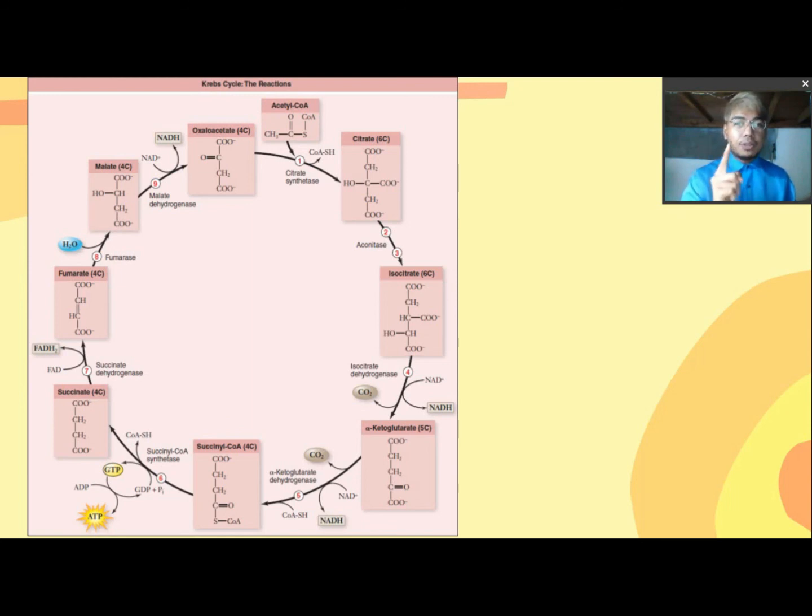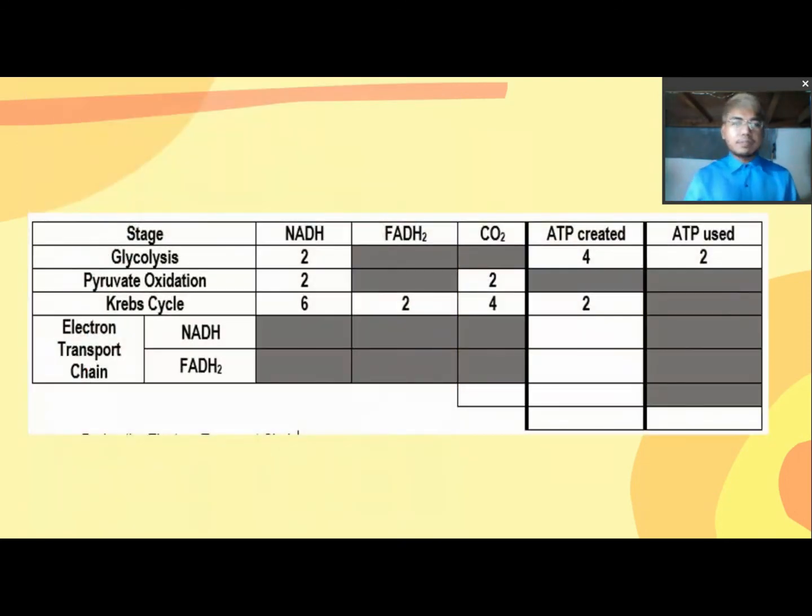But if you're going to have 2 pyruvates that were created during glycolysis, 2 acetyl-CoA will enter the Krebs cycle, so we are going to multiply this process by 2, having this summary. In the case of the Krebs cycle, how many NADH were created? For every 1 acetyl-CoA, there are 3.